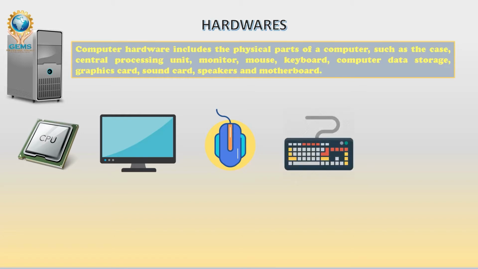After that is a keyboard. It has many keys: alphabetical keys, numeric keys, function keys, control keys and special character keys that we use to give input to the PC.